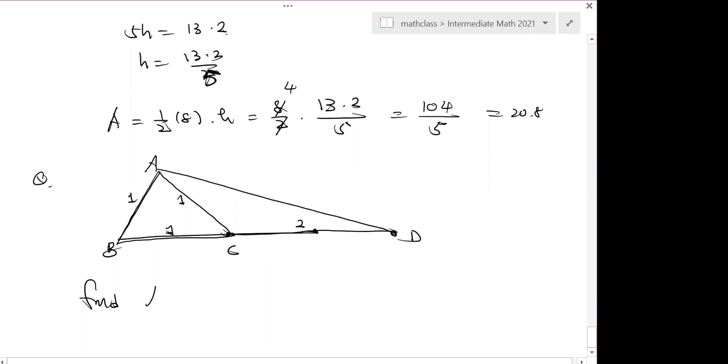Look at this picture and find the area of the triangle ACD.